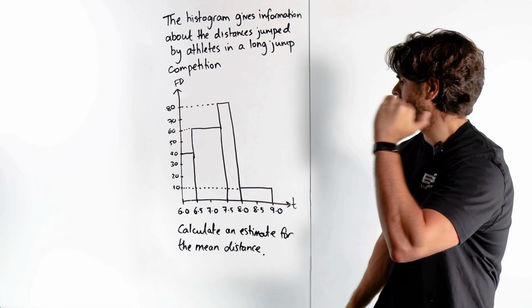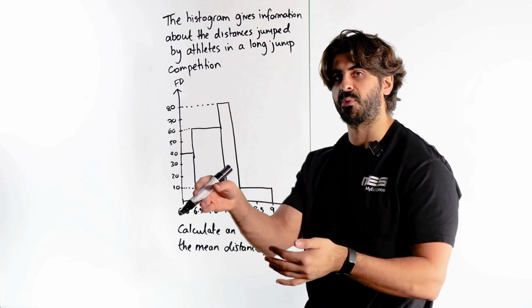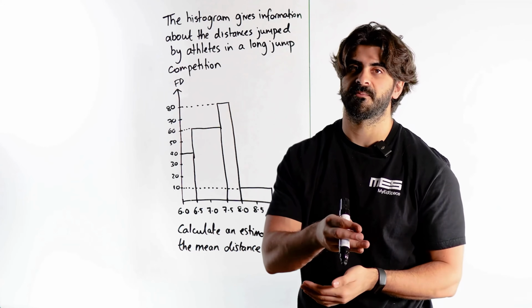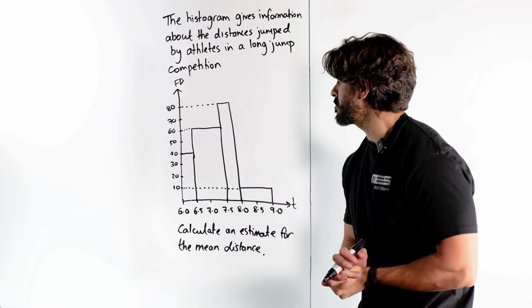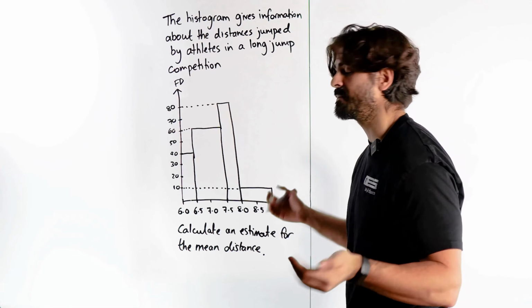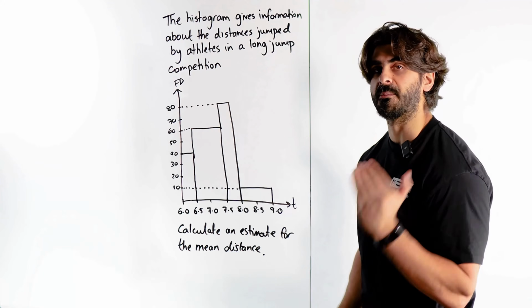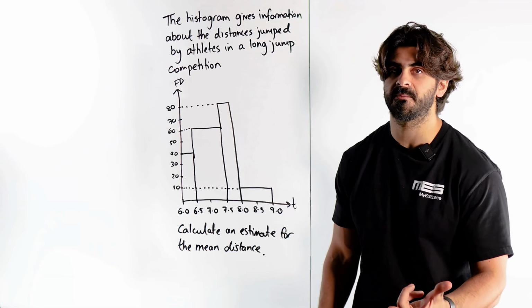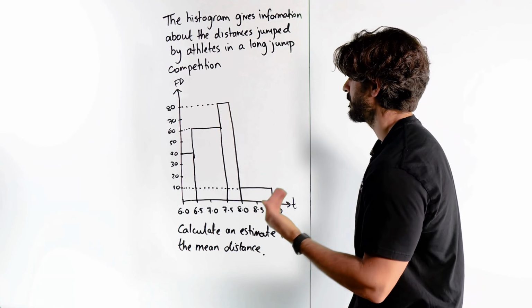In a previous video, I showed you that for grouped data, to find the mean, you do the midpoint times the frequency, total that up, and divide by the total frequency, right? This question doesn't give us the total frequency, nor the midpoints, nor a table. But keep in mind, we're doing the midpoint times the frequency and totaling that all out. How do we work out the frequency from a histogram?